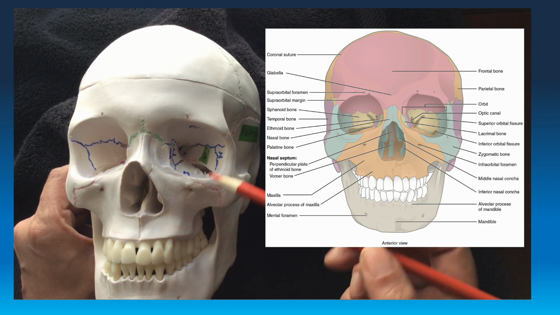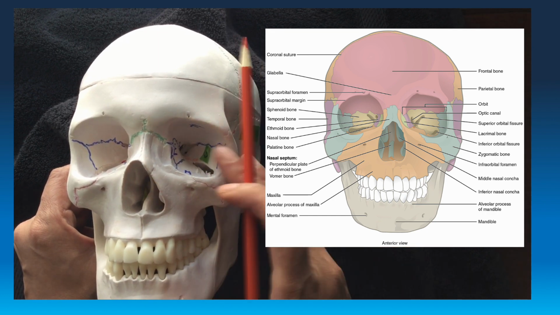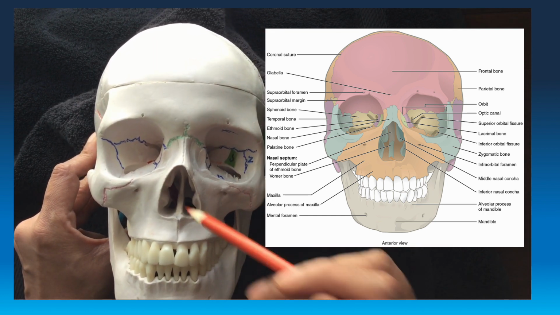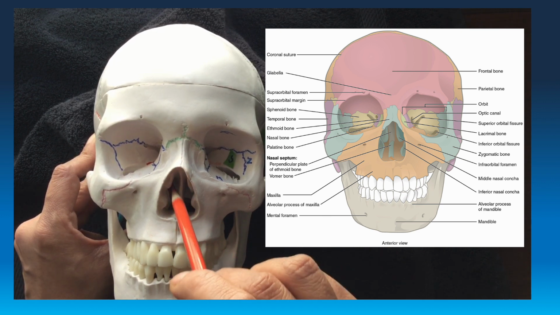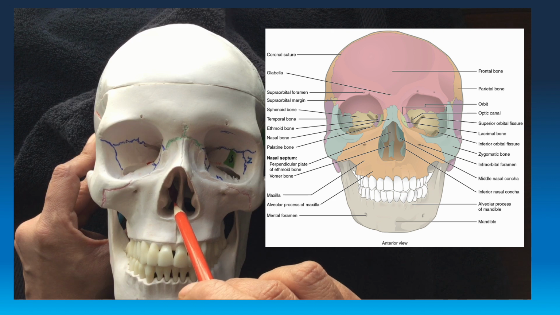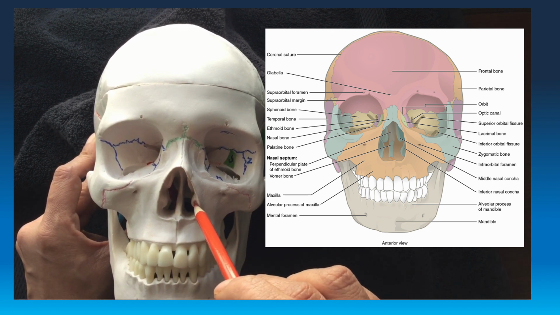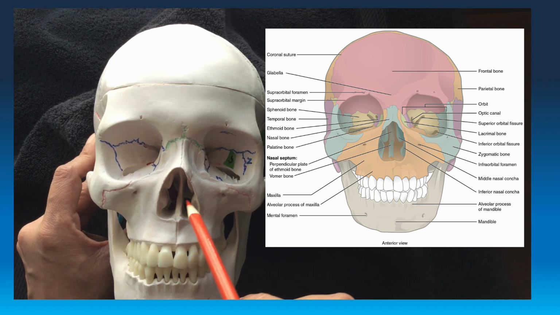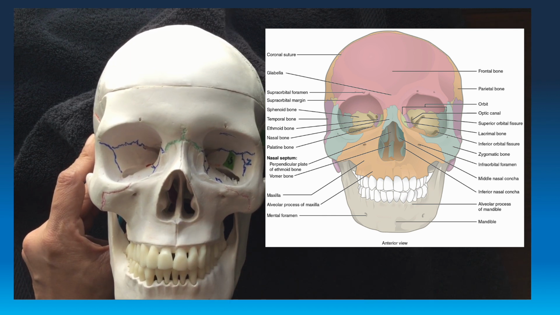Okay, now nasal bone is going to be right there, and if you look inside the nasal cavity, you've got a perpendicular plate, and then you've got the vomer bone down here. And then on either side, you've got these little protrusions, which are actually nasal concha. So we've got the middle and the inferior nasal concha that you can see.